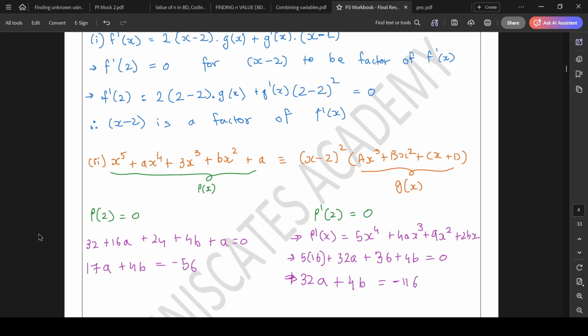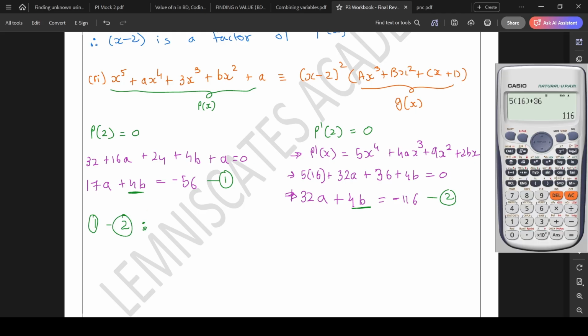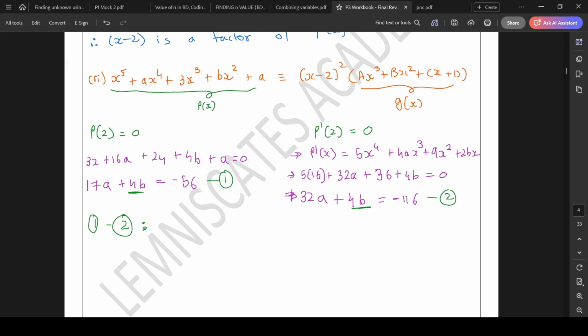Now you can say that this is your equation 1, and this is your equation 2. Because you can see that 4b is common, let's do equation 1 minus equation 2. So what is 17 minus 32? It comes out as minus 15.